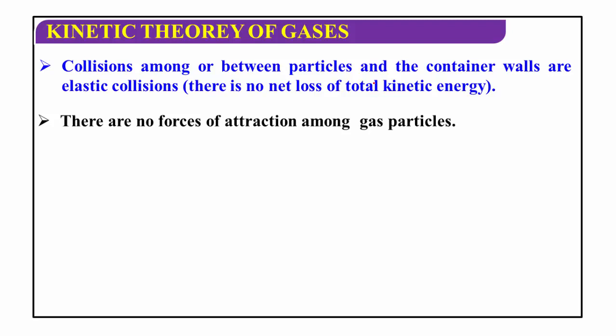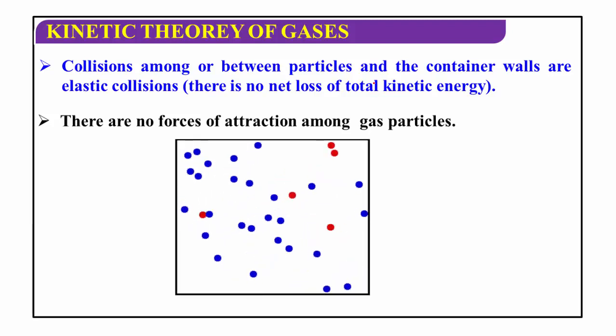When one gas molecule collides with another, there is no change in the momentum of the gas molecule or in the internal energy of the system. Elastic collision means a collision in which both momentum and kinetic energy of the system are constant. There are no forces of attraction among the gas particles.